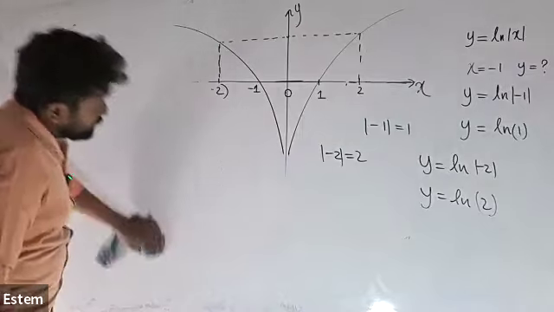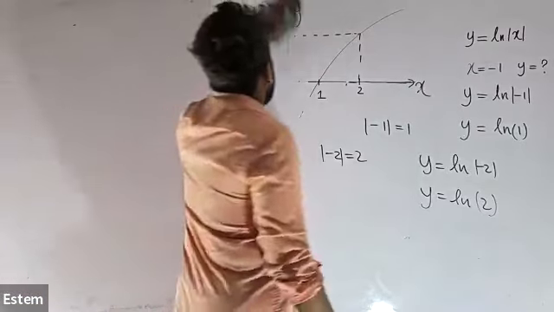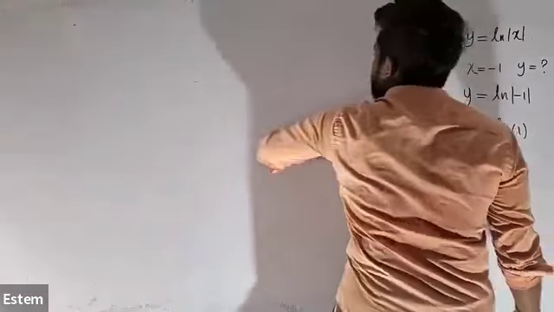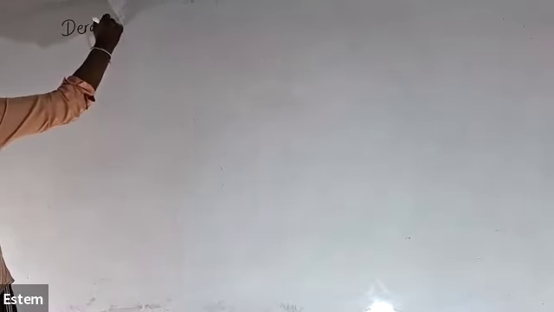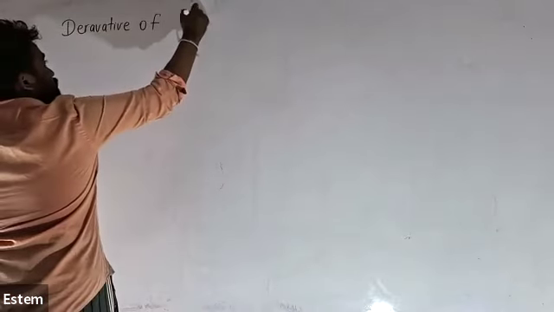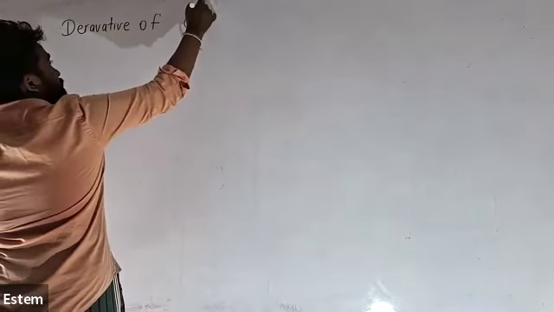Then we can move to the other special topic, that is the differentiation of a to the power x. Derivative of a to the power x. This is a special function, right? a to the power x. Derivative of a to the power x.